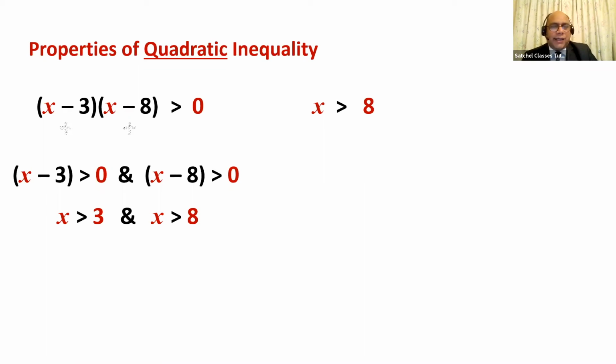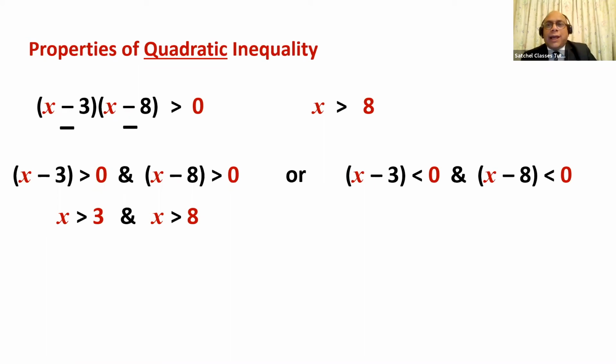The second case where the product of two numbers is positive is when each of these numbers is negative, correct? So x minus 3 is less than 0 and x minus 8 is also less than 0, correct? So x is less than 3 and x is less than 8. One thing which qualifies the other is x is less than 3, because if I say x is less than 3, then automatically x will be less than 8.